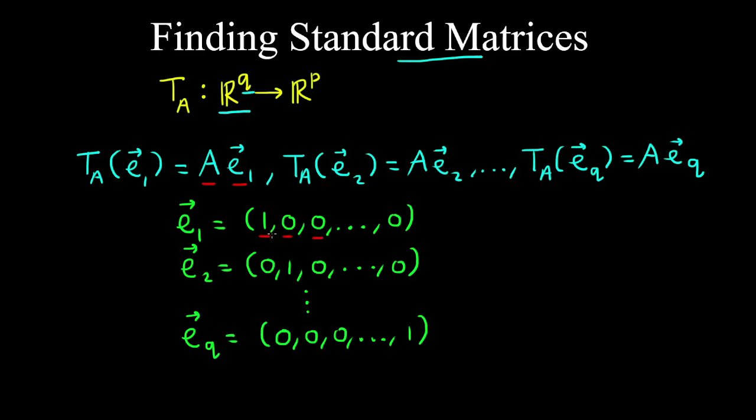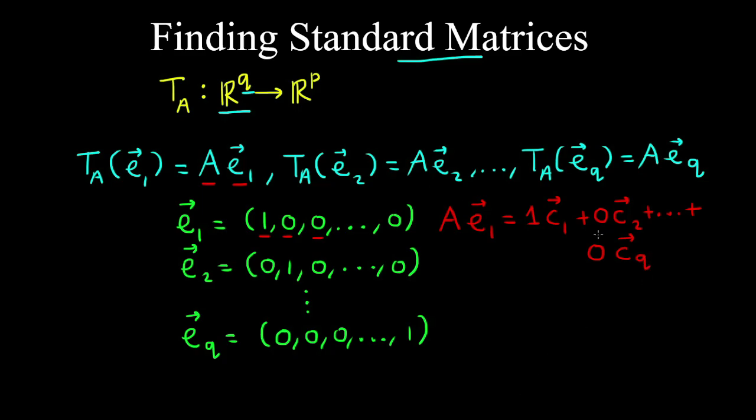So the matrix A by E1 is equal to 1 by column 1 of matrix A plus 0 by column 2, and so on, plus 0 by the final column.